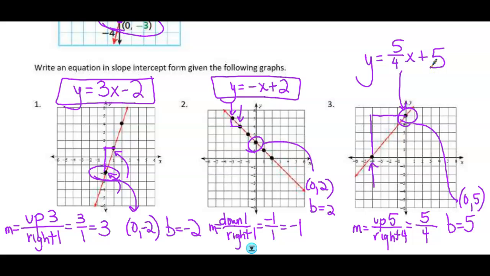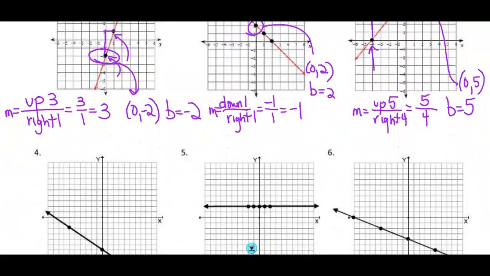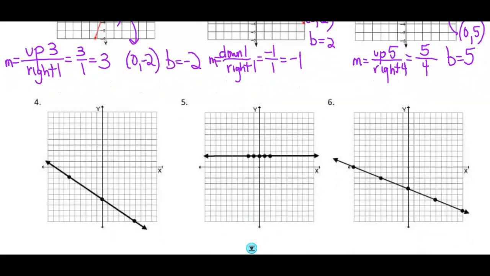There's 3 more at the bottom. Again, you could pause it. I'm not going to put all the work with these ones, but you can pause it, try them, and then check it. So, on number 4, I'm going to go from this point to this point. This is 1, 2, 3, 4. Down 4 is -4. 1, 2, 3, 4, 5, 6.